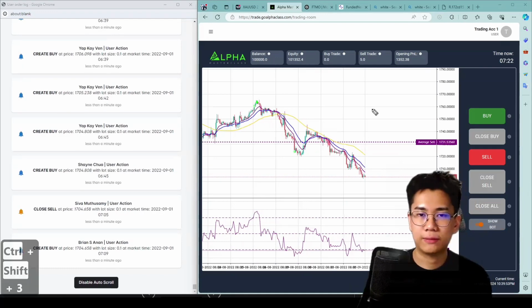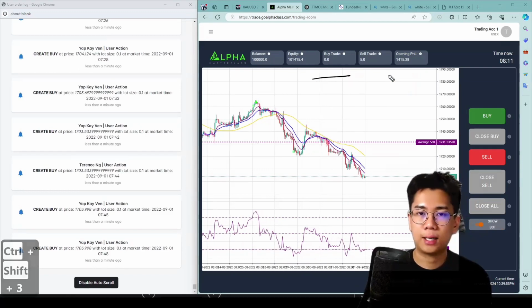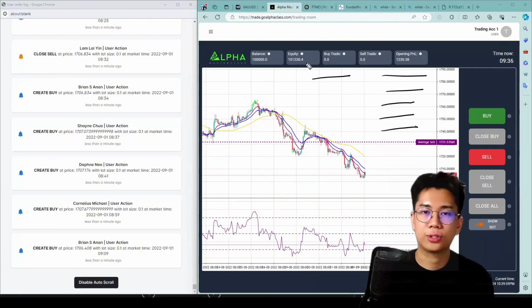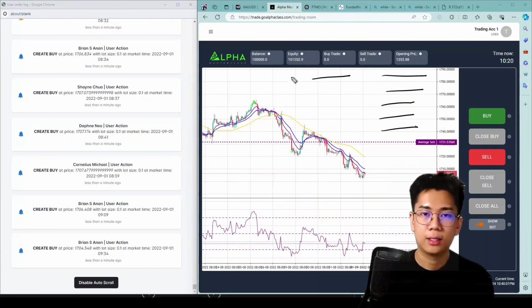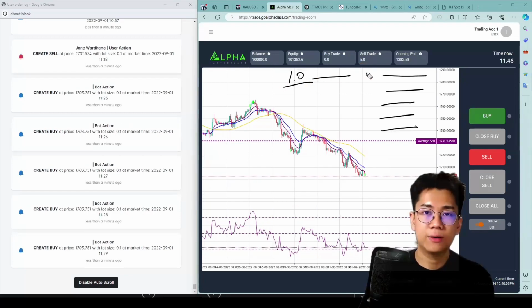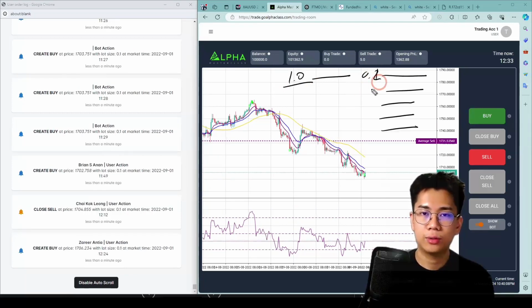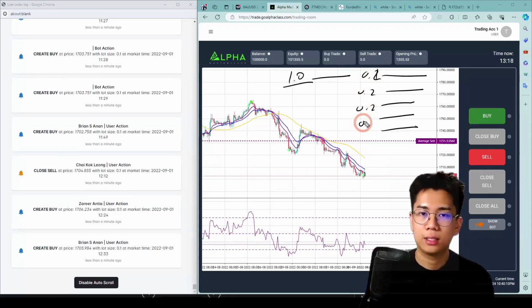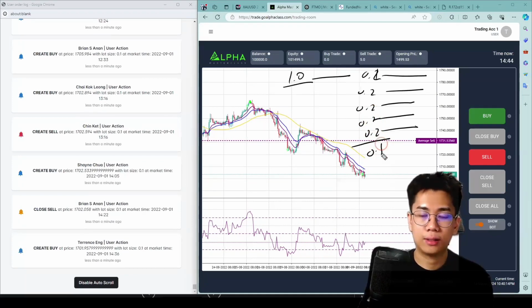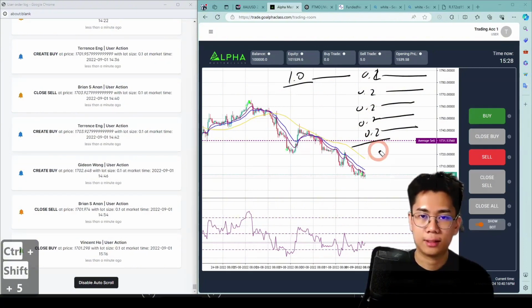By doing dollar cost average, if you've properly calculated it, in a past video I showed this thing, you can watch back the recording. The difference between those that open one lot versus 0.1, 0.2, 0.2, 0.2 adding up is still one lot.